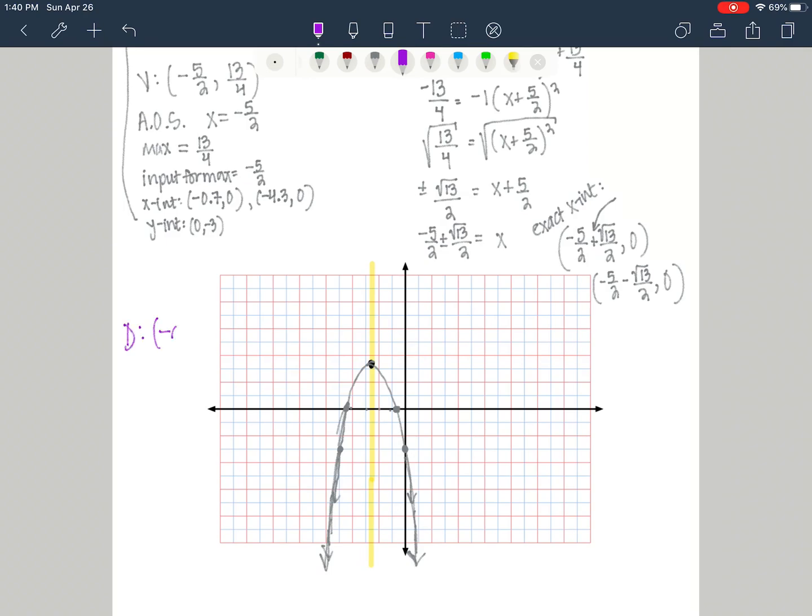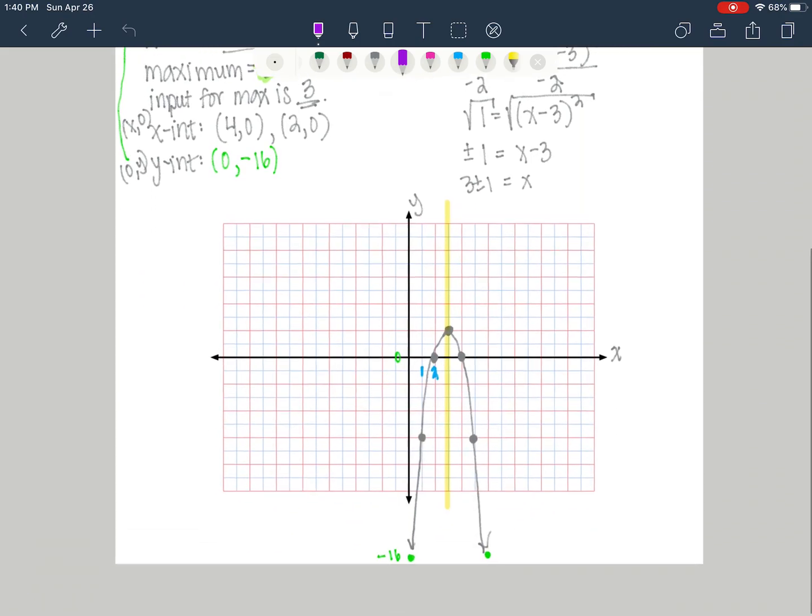The domain is negative infinity to positive infinity, and the range goes from negative infinity all the way up to that maximum value of 3.25, which is 13/4. And it includes that 13/4.